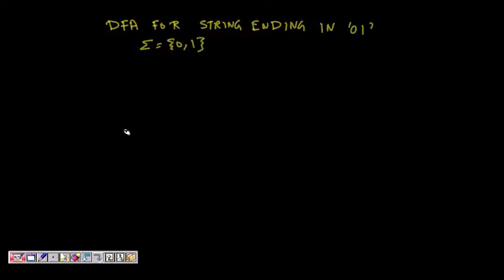Let's think about what should happen now. I have the start state, and if something is ending in 0 1, then it is fine. So the language is 0 1, 0 0 1, 1 0 1, 1 1 1 1 0 1, something like this. So this is an infinite language. The important thing is whatever you get initially, finally I should get a 0 and 1.